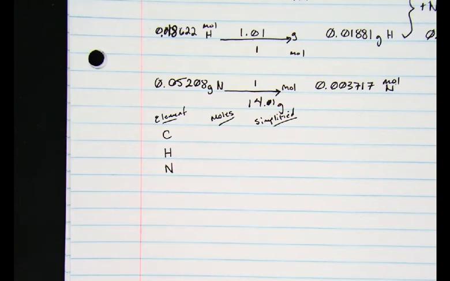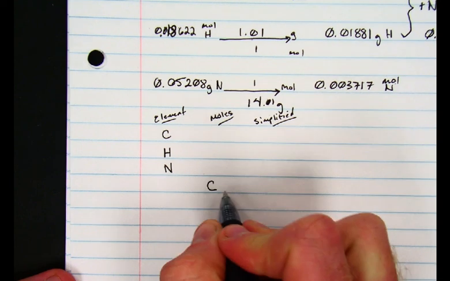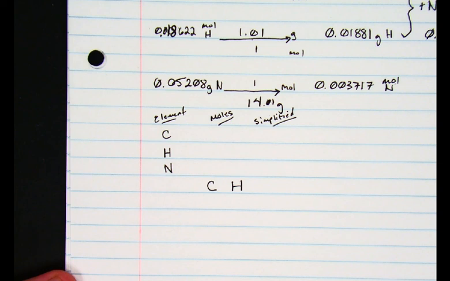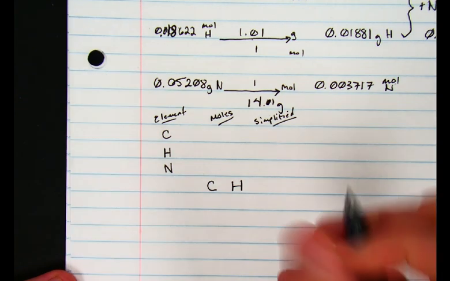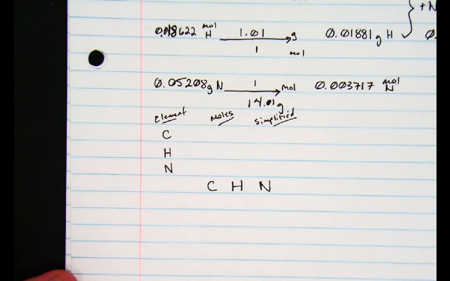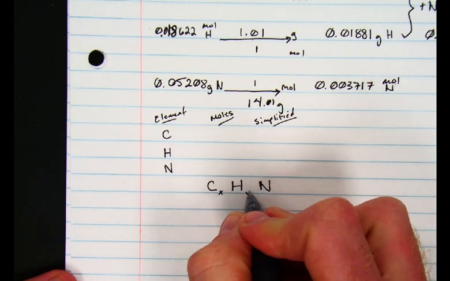In our table, we typically always start with carbon. Since carbon can have up to 4 bonds to it, it's almost always our central element, which means it almost always comes first in a formula, and it's almost always followed by H. So our formula is probably going to be CHN, and we're going to look for how many of each we'd have.